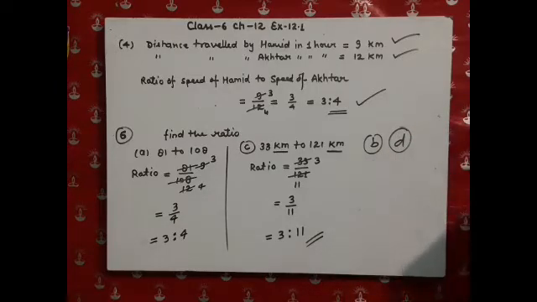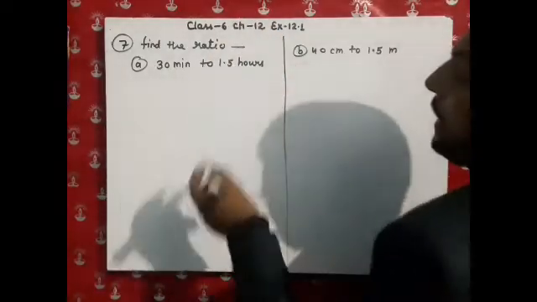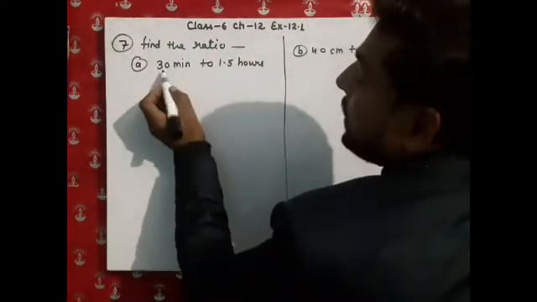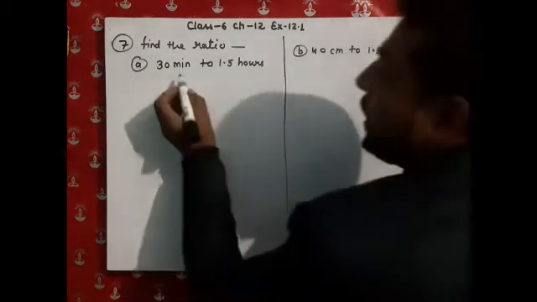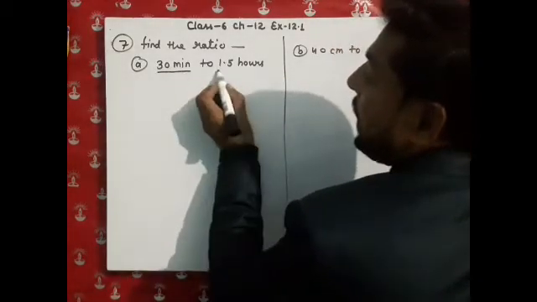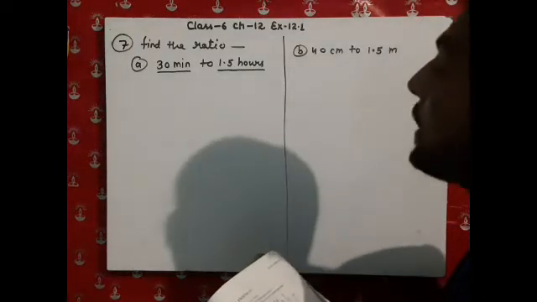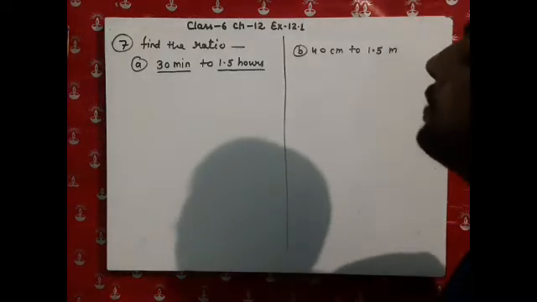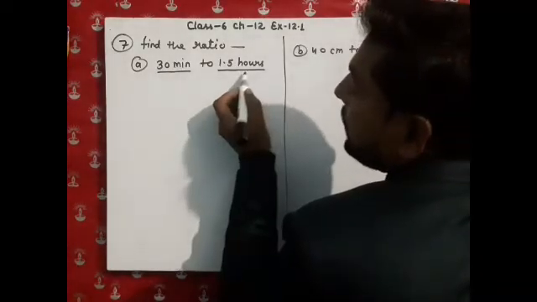Now going to question number 7. Here in the 7th question, again it is given find the ratio of the following. So I am taking the first part. Here we have to find the ratio of 30 minutes to 1.5 hours. Now here it is given in minutes and it is given in hours. So first of all, before finding the ratio, we have to convert them into the same unit. It is given in 30 minutes, so we have to change it into minutes.